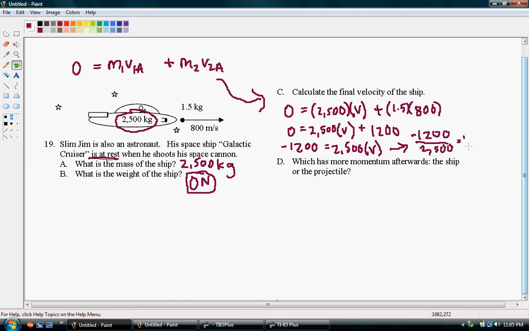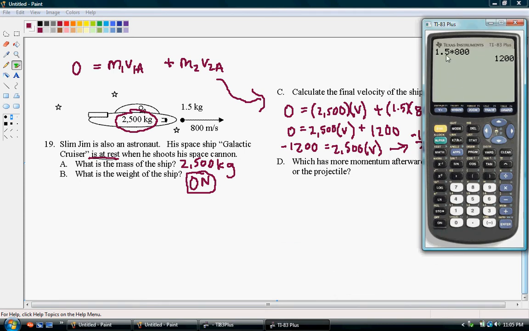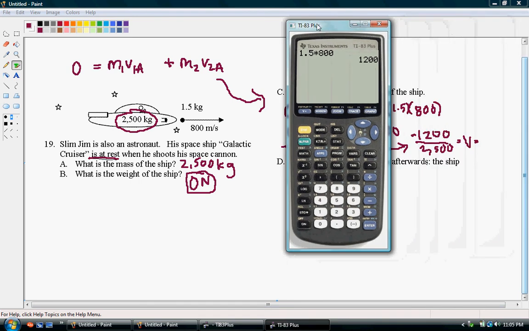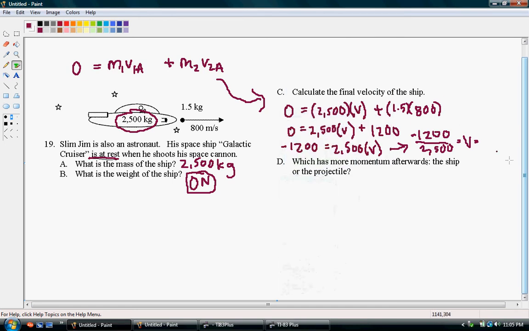That equals our velocity, which is equal to negative 1,200 divided by 2,500, and we get negative 0.5. So it's going negative 0.5 meters per second.